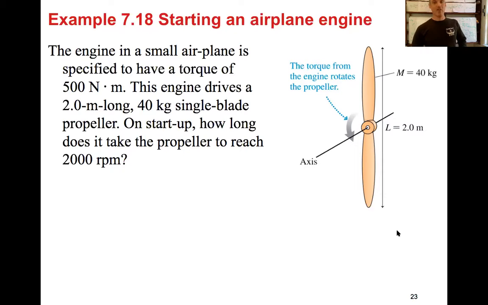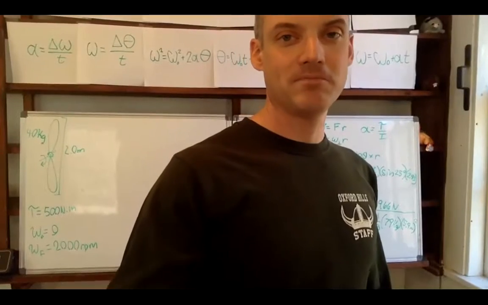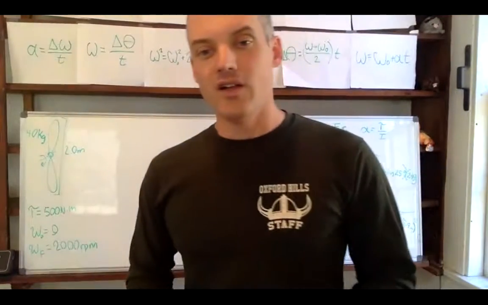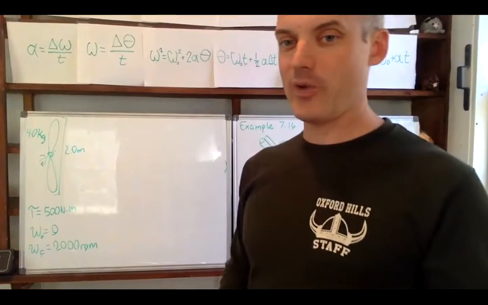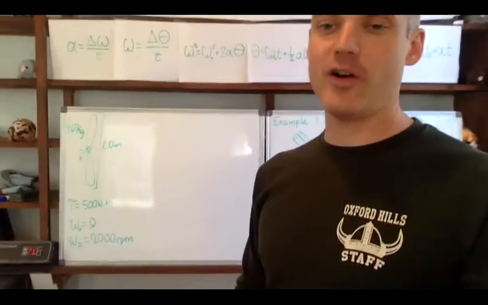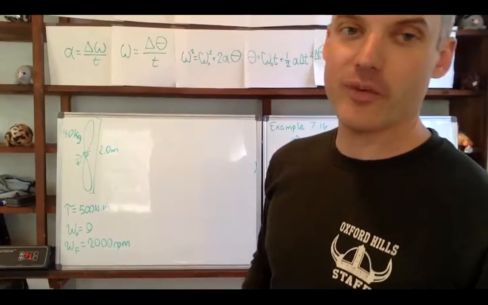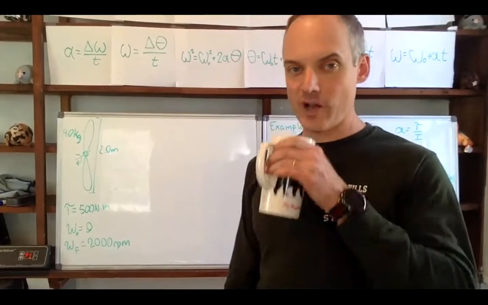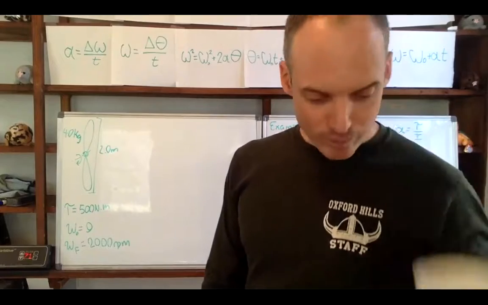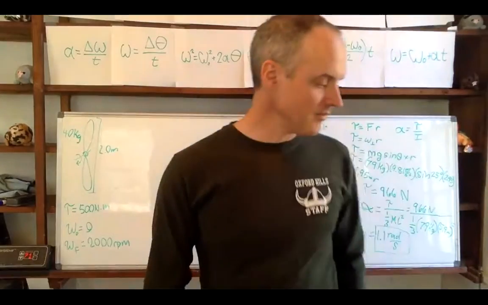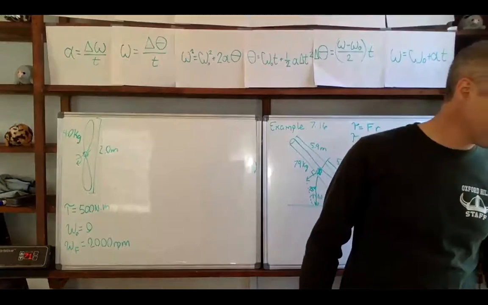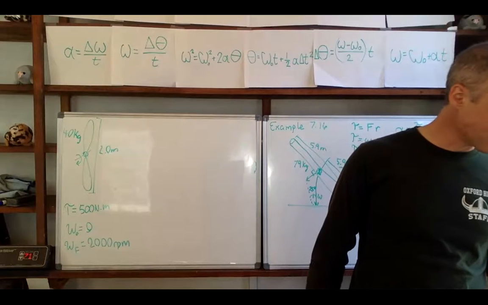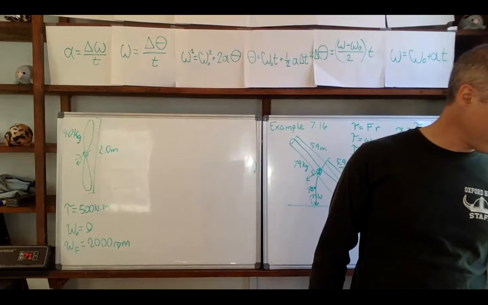It is kind of a pain in the butt, actually, that they're measuring that in RPM, because we always have to do a conversion. If it's in RPM, one of the first things we have to do is get it into radians per second, because RPM is not really what we're going for there.